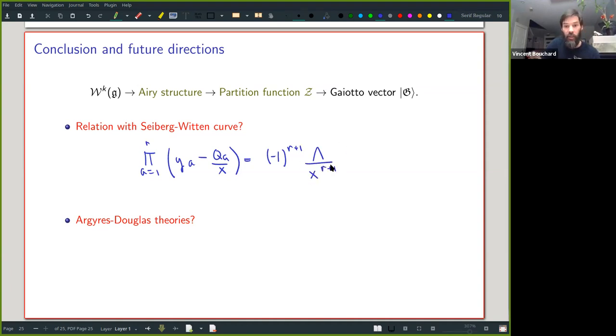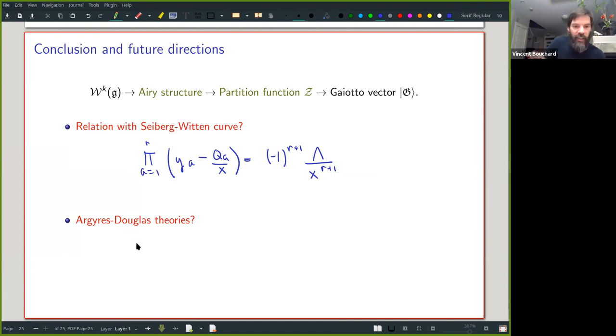We're looking at the case where lambda goes to 0, but the Seiberg-Witten curve is a lot more complicated. You can do topological recursion on these curves. This should be related to the instanton partition function by all work. But what we're doing is a lot simpler than that, and we get the Gauss vector directly instead of the instanton partition function. But the question is, how is it related? This is something we're working on right now.